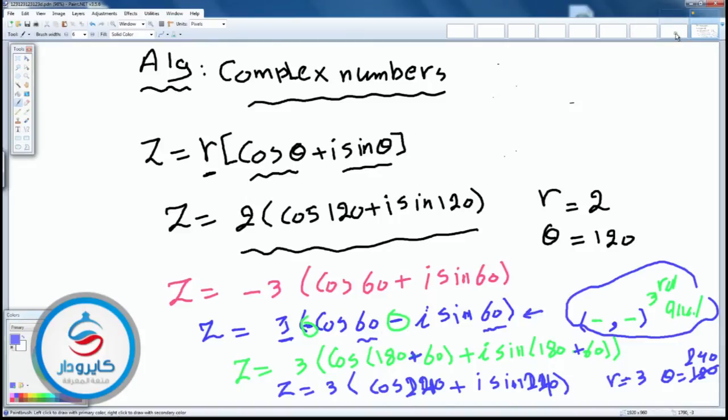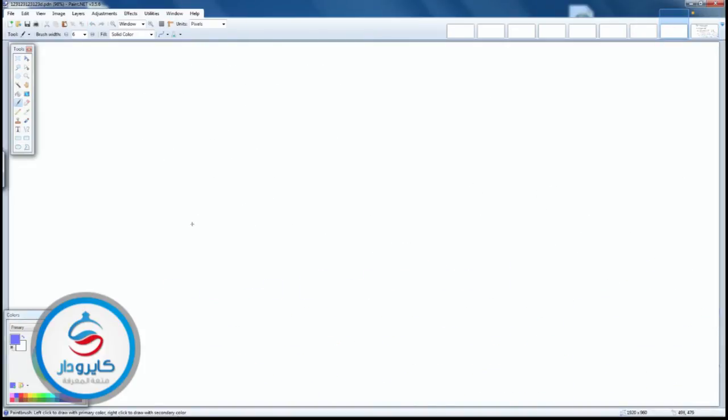طيب تعالوا ناخد اكزامبل تاني. لو انا عندي مثلا z equals negative 2 sine 210 minus i cosine 210.